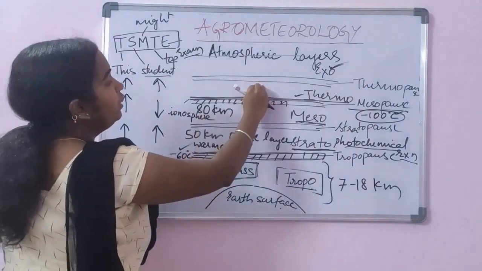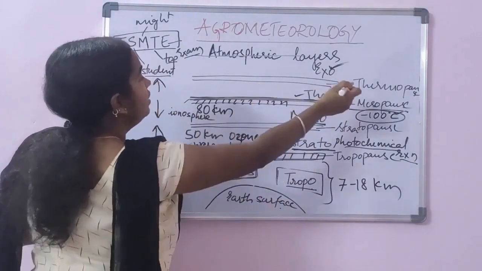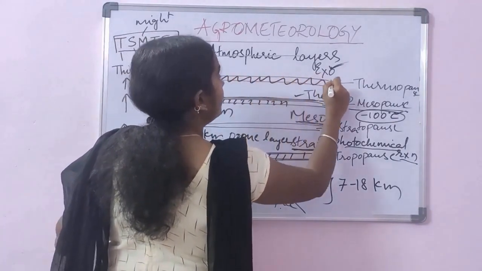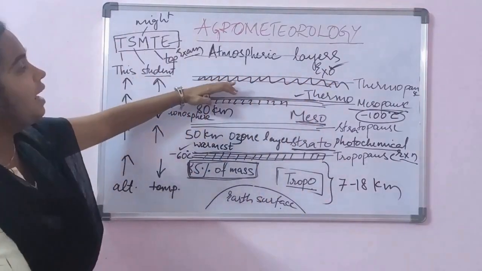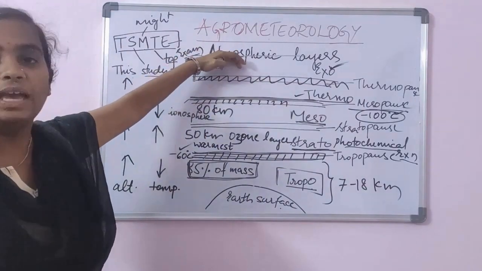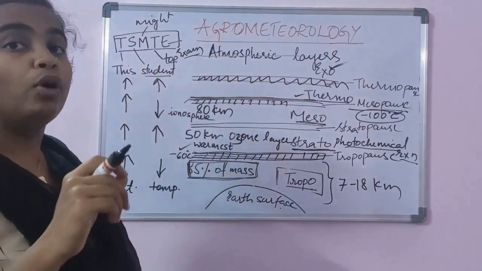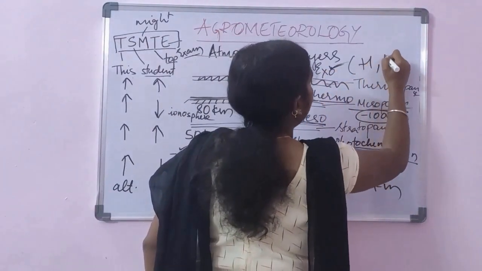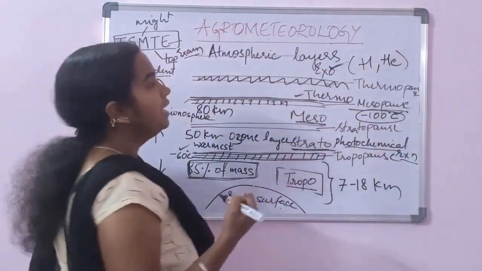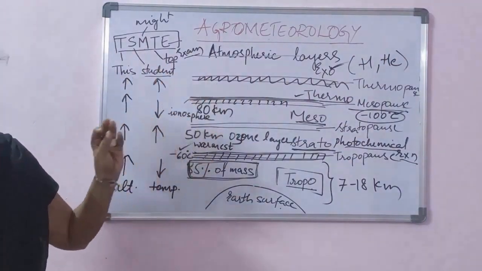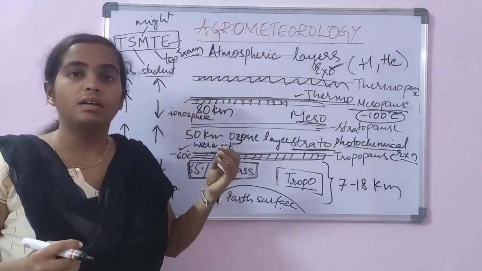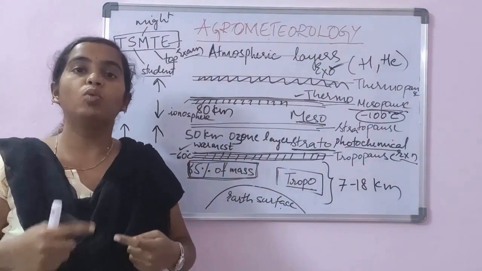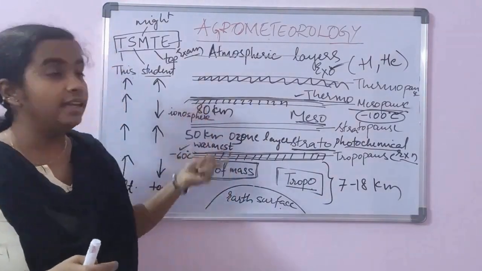And at the end of thermosphere we have a thermopause, and above the thermopause we have a exosphere. And one important point you have to remember is, exosphere is made out of hydrogen and helium. So this is about all the atmospheric layers. If you have any confusions, let me know. I will discuss more about the different layers again.